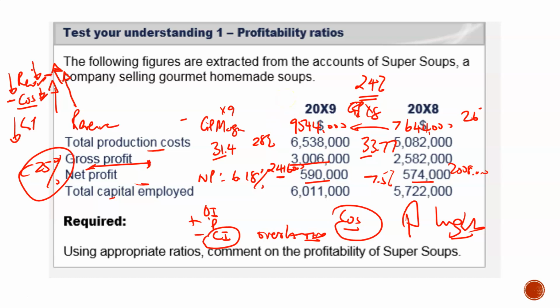And then let me see what's happening here. I have 2582 minus 574, and then as a percentage of revenue, 7644, and that here is 26%.